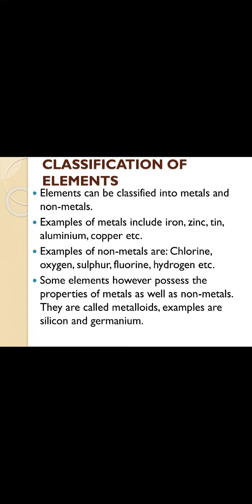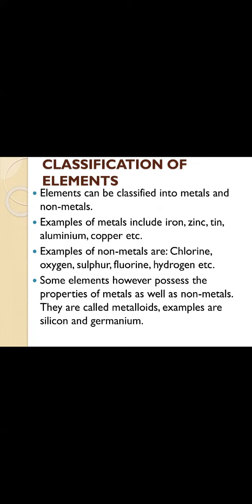We also have non-metals. These are elements that gain electron to become ionized. Example is chlorine, oxygen, sulfur, fluorine. All these elements gain electron before they become ionized.